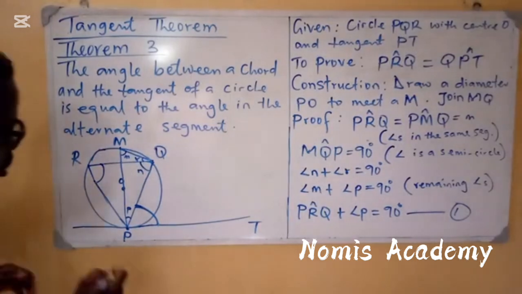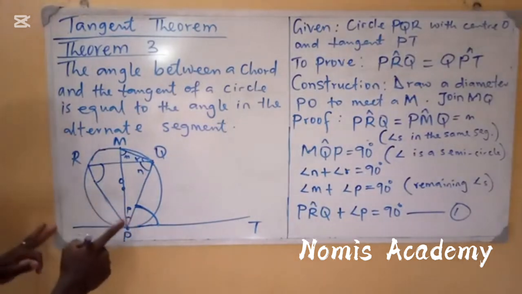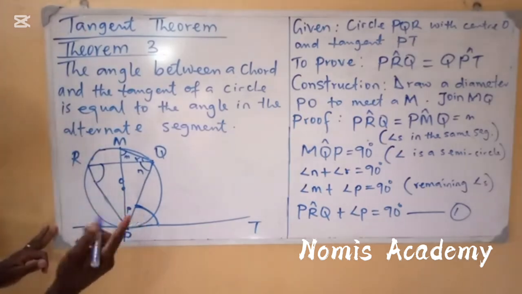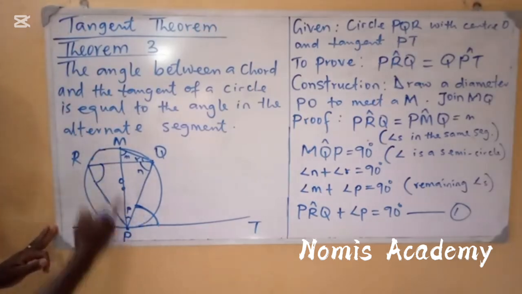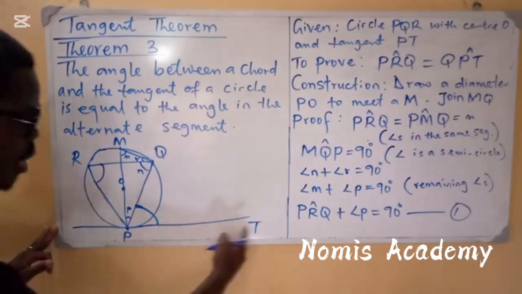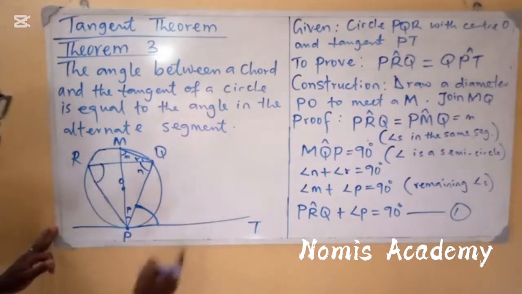Now, also, you can see that this angle P plus this angle sum up to 90 degrees. And what's the reason behind that? It means that OP is perpendicular to PT.